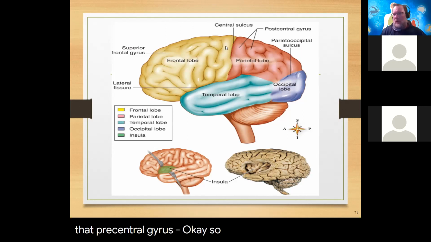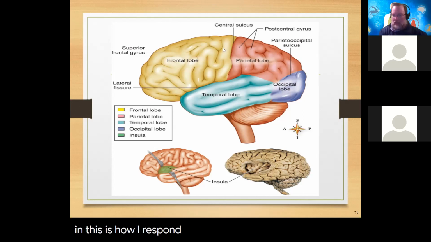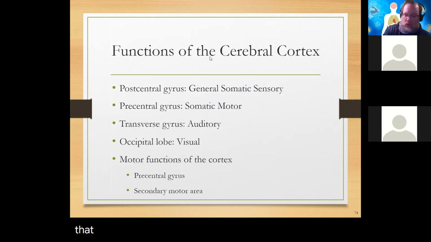Athletes talk about muscle memory and repetitive motion, and not just athletes. We're all kind of athletes in certain things because we do repetitive motions. Those repetitive movements are stored in these two areas: the sensory coming in, this is what I'm seeing, and this is how I'm responding. So that's where that is located.